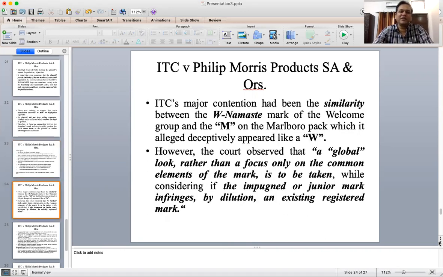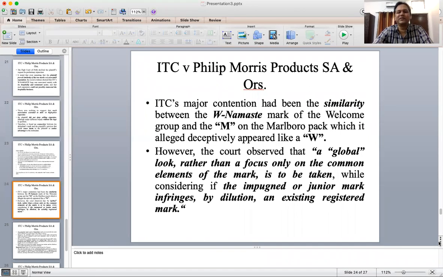So IT's major contention was, as I said, that the similarity between the W Namaste mark of the Welcome Group and the M of the Marlboro pack are deceptively similar. That is, they are giving an impression of the word term W. But the court observed that a global look, rather than a focus only on the common elements of the mark, is to be taken while considering if the impugned or junior mark infringes by dilution an existing registered trademark.